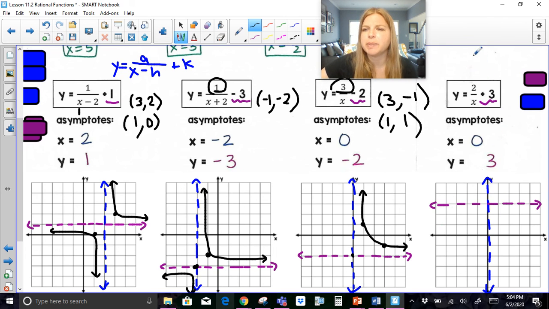Last one. A number that divides by 2, let's say, is 1. So if I plug in a 1, 2 divided by 1 is 2. 2 plus 3 is 5. So 1, 5 is definitely a point. Another number that divides by 2 is 2. 2 divided by 2 is 1. 1 plus 3 is 4. 2, 4.